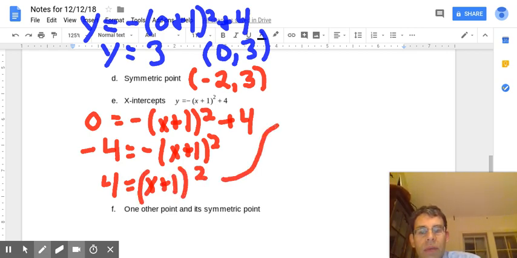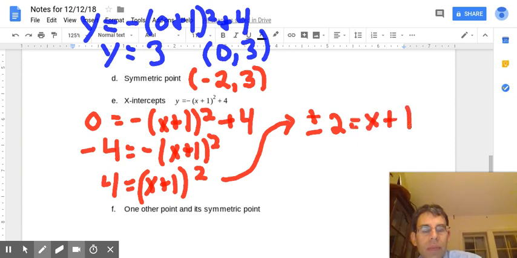We then take the square root of both sides to get rid of the square. And we get plus or minus 2 is equal to x plus 1. And then if we subtract 1 from both sides, 2 minus 1 would give us x is equal to 1. And negative 2 minus 1 would give us x is equal to negative 3.